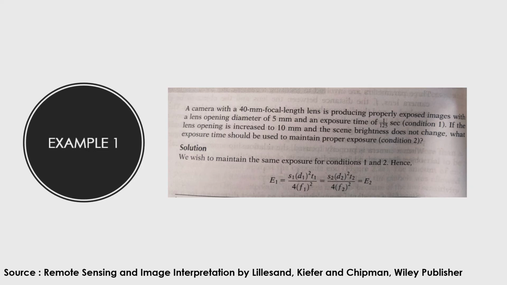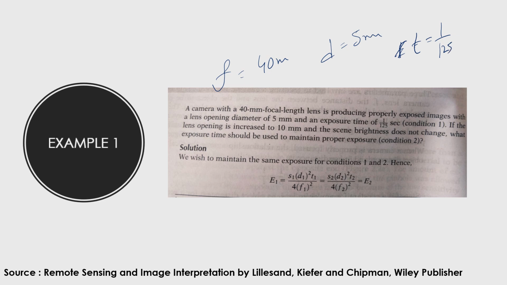So here it is giving a very simple problem. A camera with a focal length of 40 millimeter is producing properly exposed images with a lens opening diameter D of 5 millimeter and exposure time T of 1 by 125 seconds.